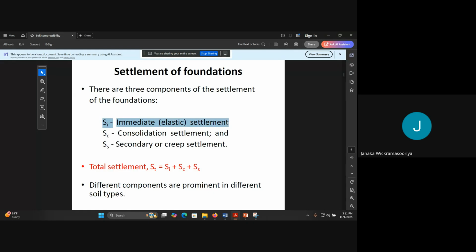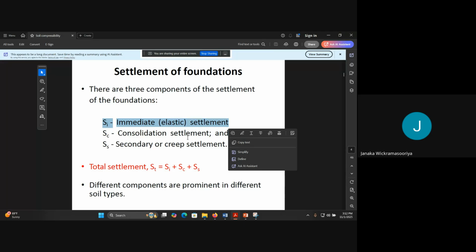Immediate settlement means, when you are walking on a loose soil and you give a force, due to your weight it will be compressed. Or when you compact or compress it using a machine, the soil volume will be reduced.